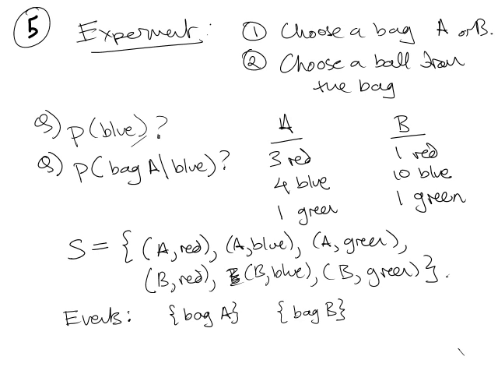These are all subsets of the sample space. One event is that a blue ball is chosen, one that a green ball is chosen, and one that a red ball is chosen. Each of these refers to the subset of the sample space where the appropriate bag or color ball is chosen. And what we're given is a bunch of probabilities. We're given that the probability of bag A is a half, and the probability of bag B is a half.